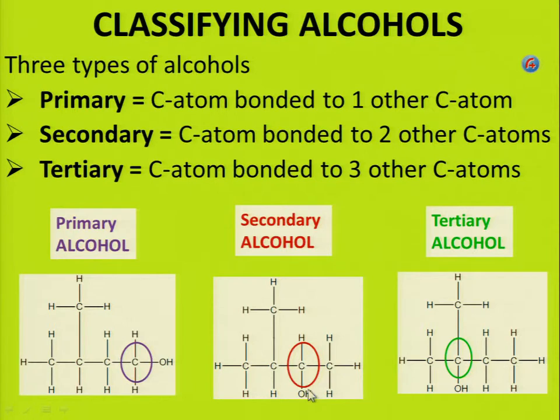The carbon bonded to the OH group is bonded to 2 other carbons. Therefore, this is a secondary alcohol. Tertiary alcohol. The carbon bonded to the OH group is bonded to 1, 2, 3 other carbons. Therefore, this is a tertiary alcohol.